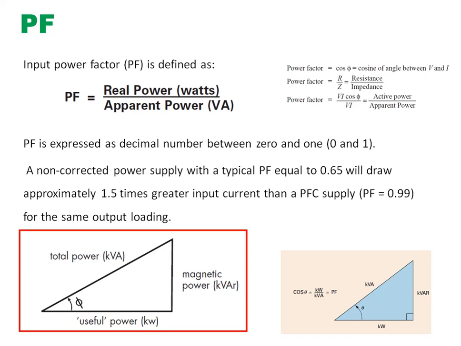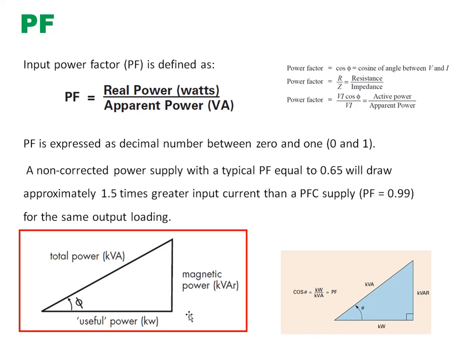One more is magnetic power or reactive power, which is not doing any useful work. In the power triangle, the base is the useful power, and the magnetic power is not useful power. It flows back and forth between the load and the supply.